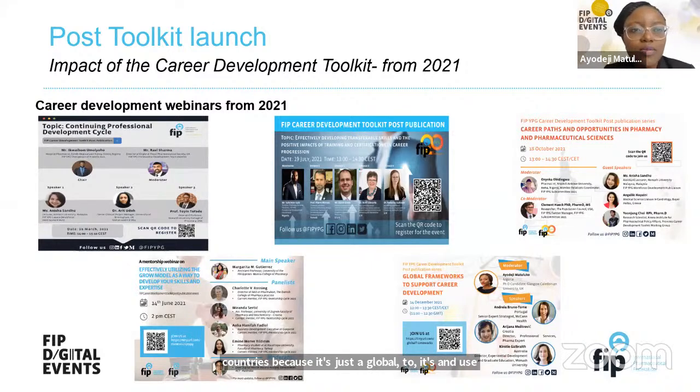So in 2021, the steering committee did different webinars on different chapters of the toolkit: one on the continuing professional development cycle, how to develop transferable skills, different career paths and opportunities available, and how to effectively employ the growth model in mentorship and developing your expertise. We also did one on the global frameworks, where we talked about the GbCF and the Global Advanced Development Framework.